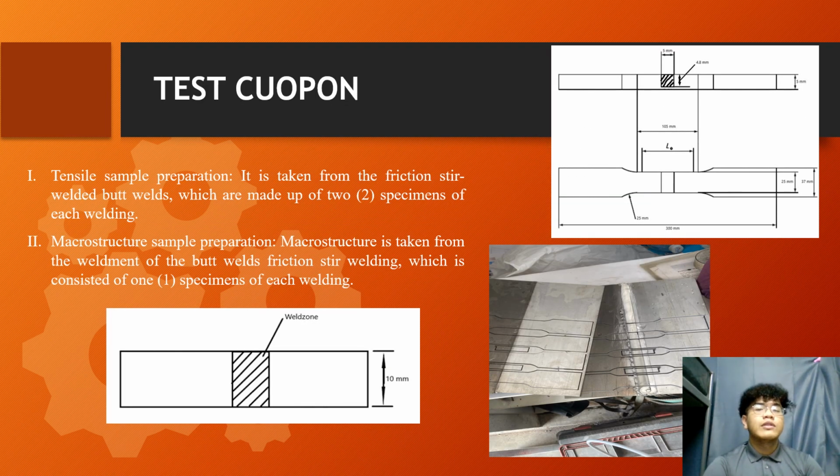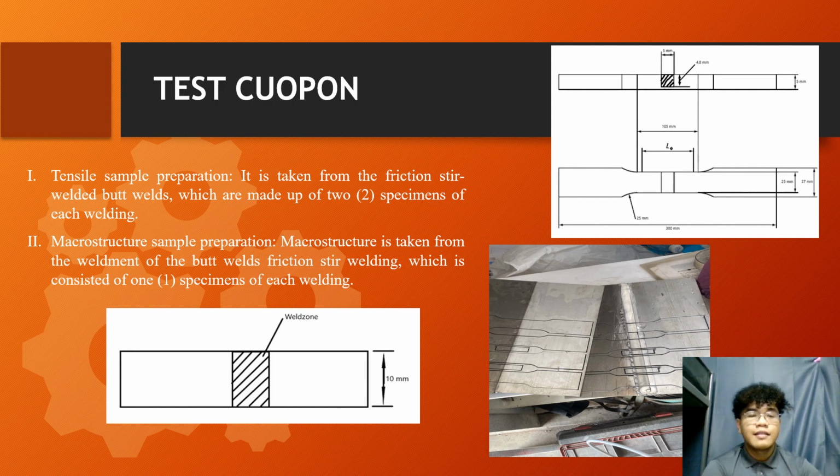The fourth methodology is test coupon. There are two test coupons here, which are the tensile sample preparation and the microstructure sample preparation. As we can see, the microstructure sample is a rectangular shape, the smallest rectangle in the plate.